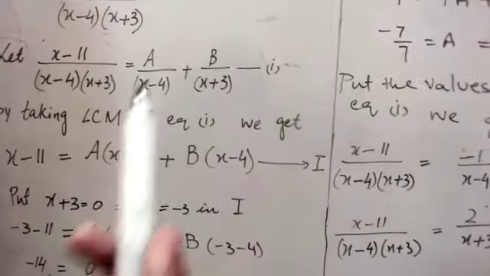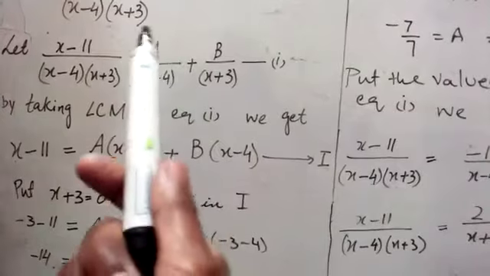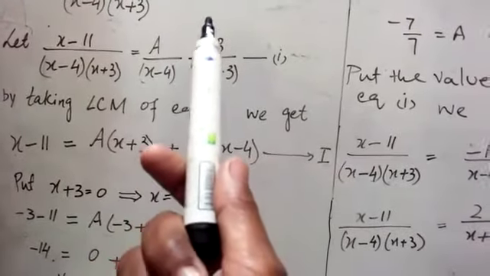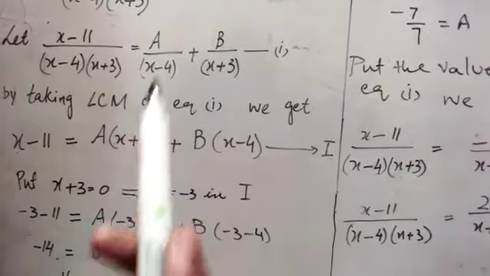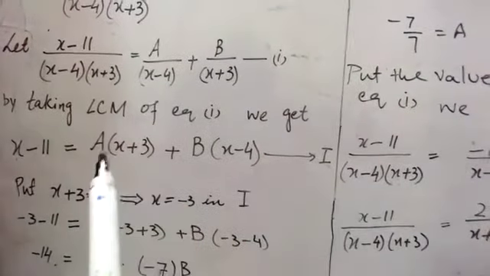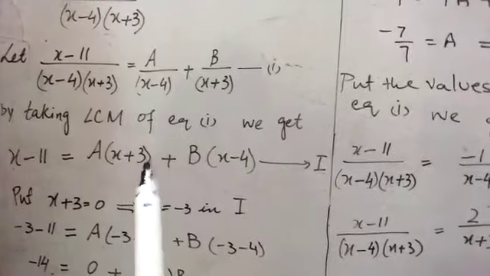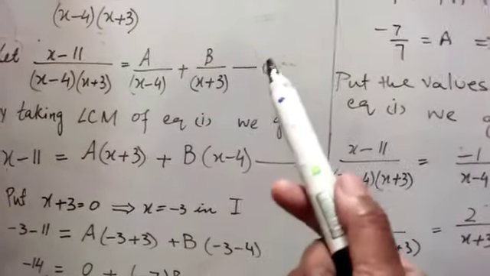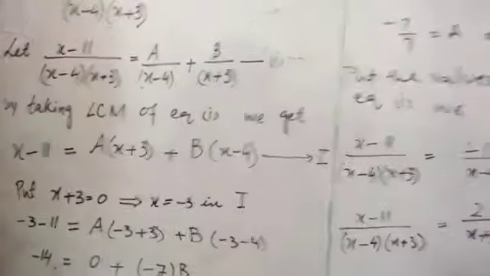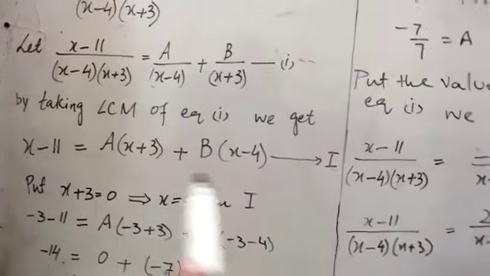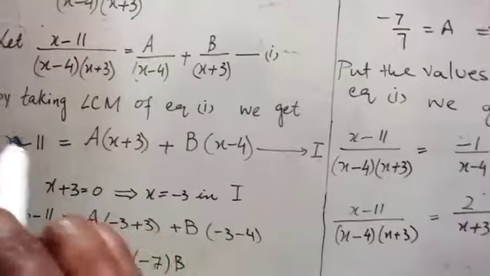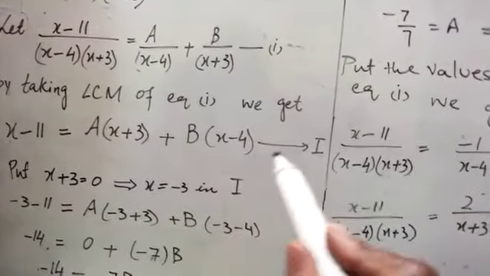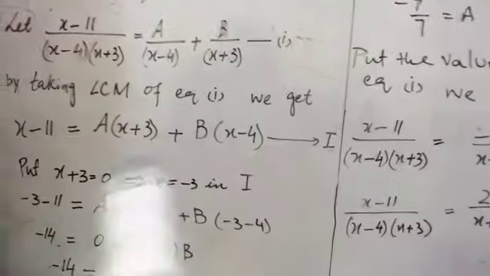On the right side, the first term will be multiplied by (x minus 4) into (x plus 3), and x minus 4 will cancel out. We get A into (x plus 3) plus B into (x minus 4). Here x plus 3 will cancel out. This equation is known as an identity, so we write capital I here.